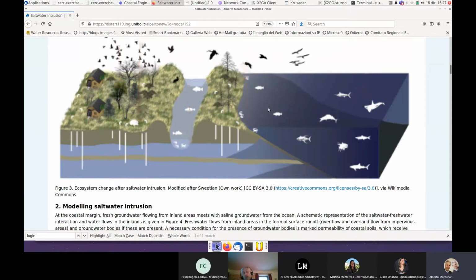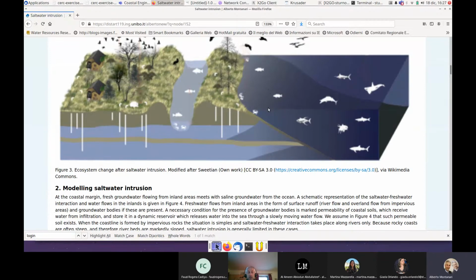On the other hand, the benefit provided by the slow character of the flow is important. So how can we model this process then?